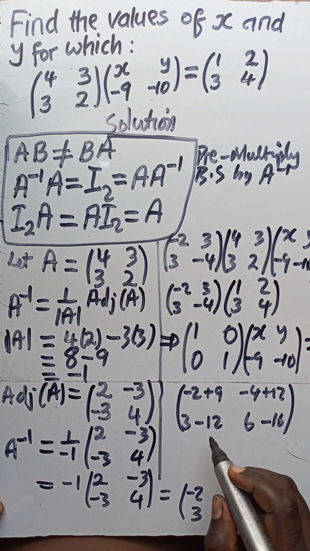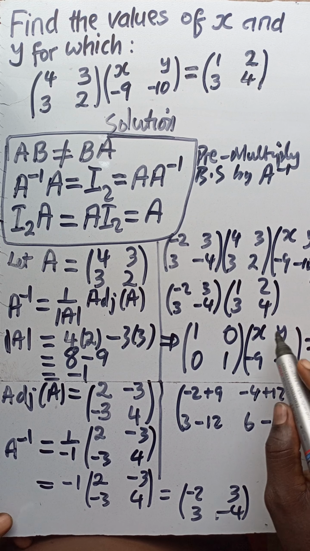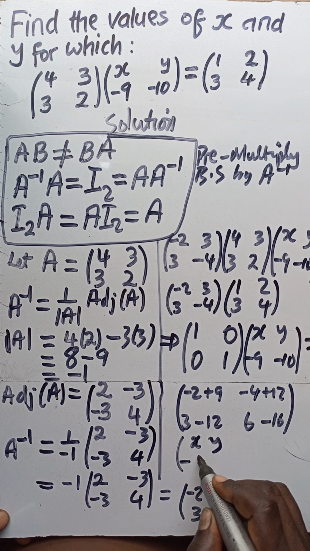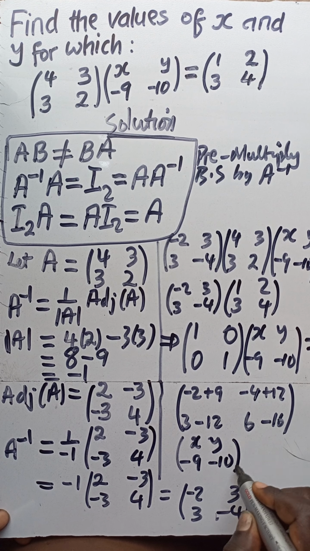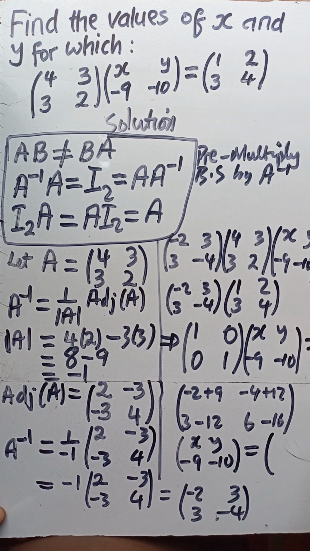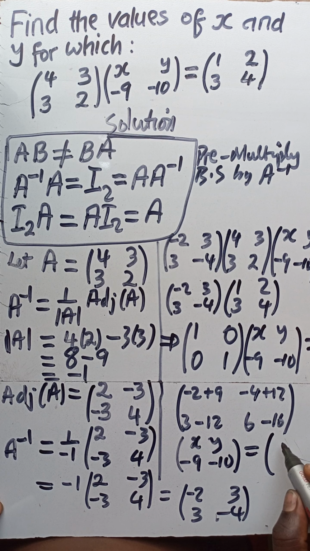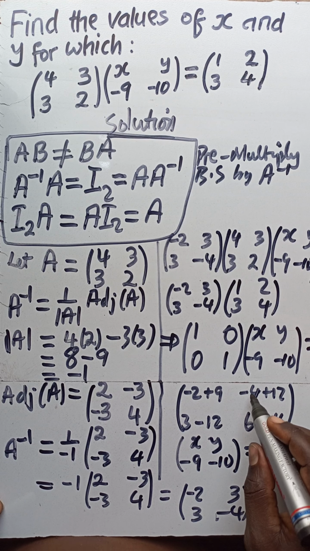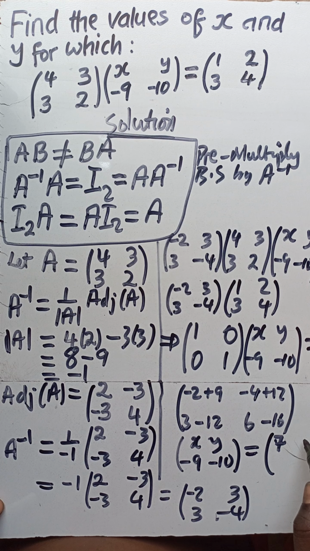So we obtain that the identity matrix multiplied by any matrix will just give us that matrix. So we have [x, -9; y, -10] equal to this result. The result here is: -2 plus 9 is 7. -4 plus 12 is 8. 3 minus 12 is -9. 6 minus 16 is -10.